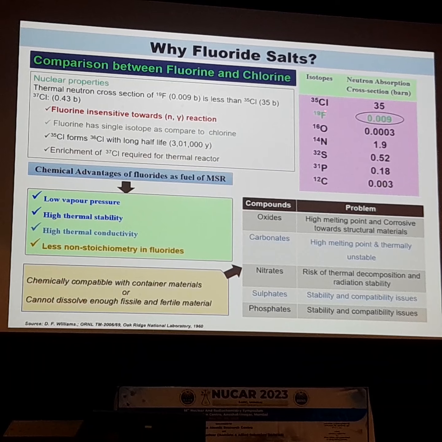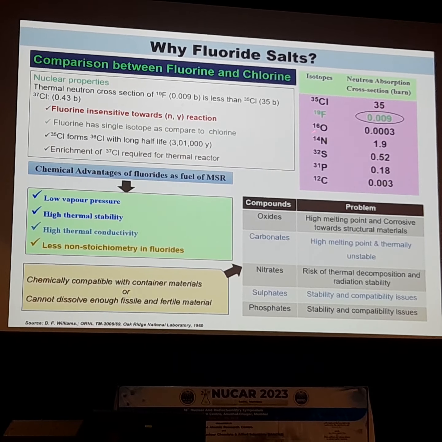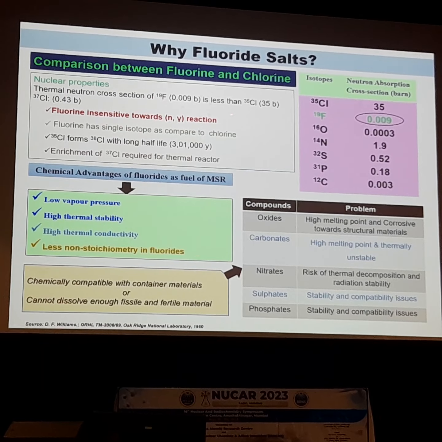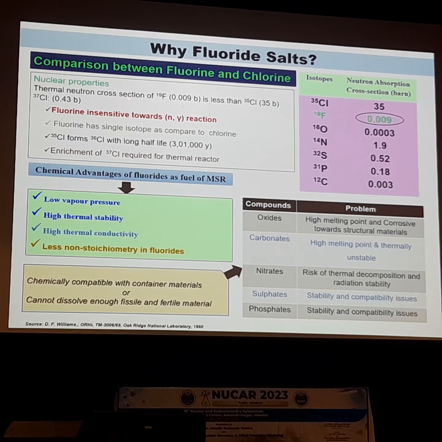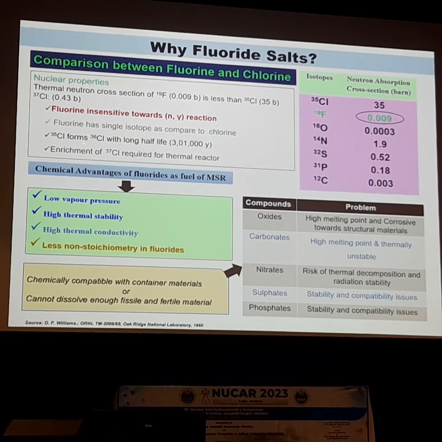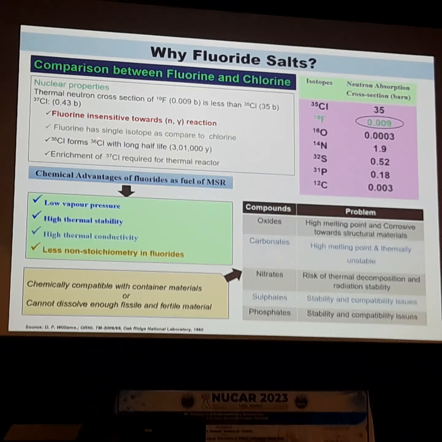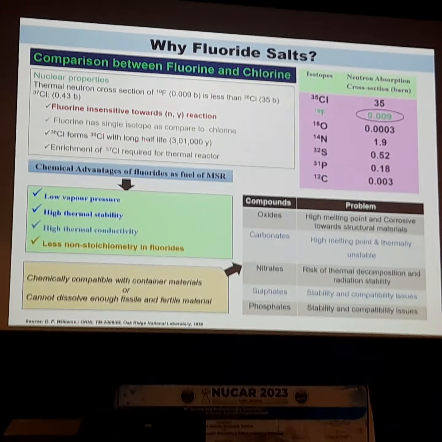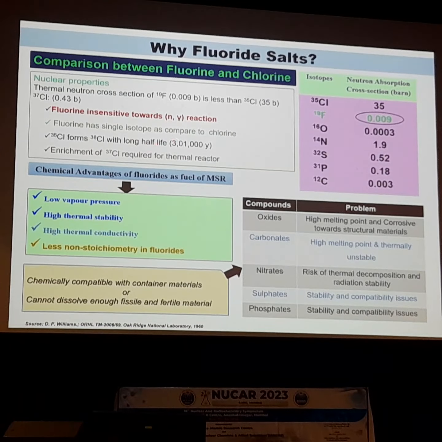In the case of chlorine 35, because of its high neutron absorption cross-section, it cannot be used in a thermal neutron reactor. In a thermal neutron reactor, chlorine 35, which is 75% of the naturally occurring isotopes, undergoes the n-gamma reaction to chlorine 36, and it has a long half-life.